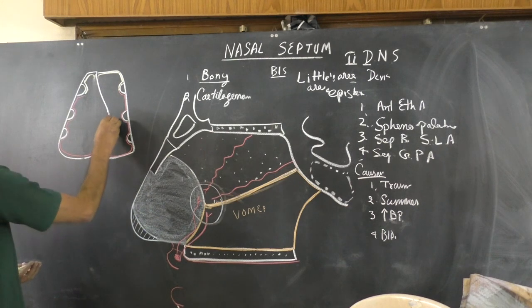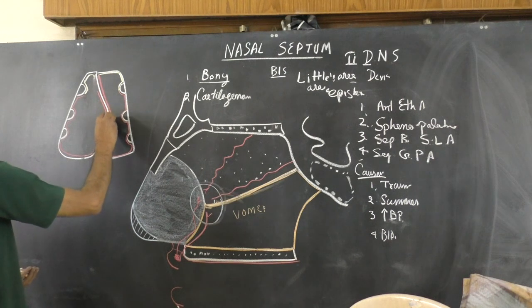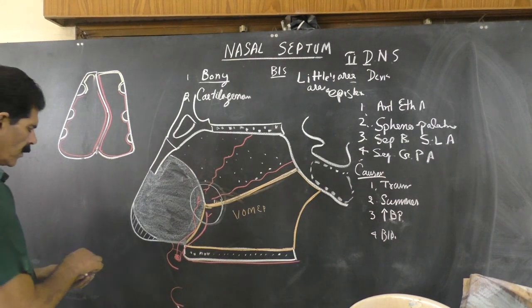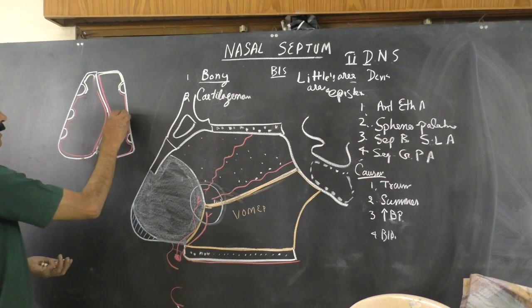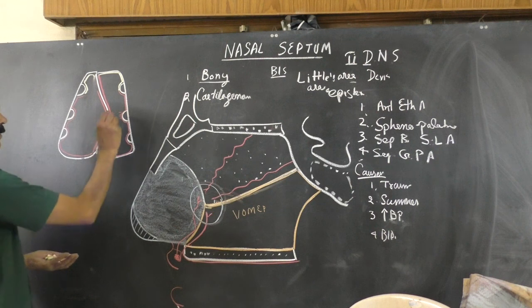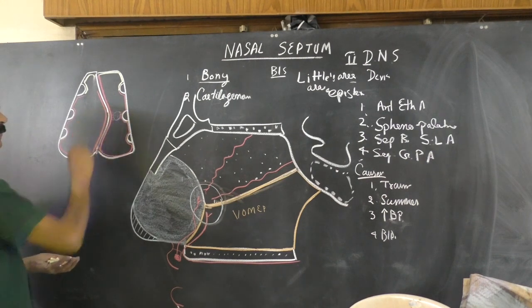And with the deflected nasal septum, what happens? The main problem is that patients suffer from rhinitis, because on the deviated side, the ciliated columnar epithelium is there, but the inhaled pollen grains, spores, bacteria, carbonaceous particles, dust particles and foreign particles get stuck here.